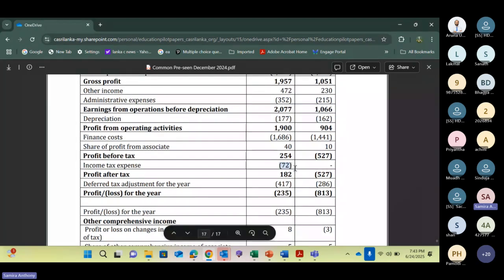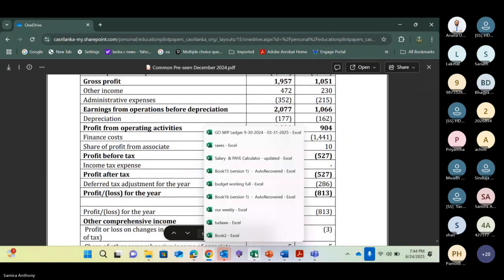To calculate it, you must be able to estimate taxable profit for the next 3 years. Is that clear, Hanifa? Yes, sir, it's clear.